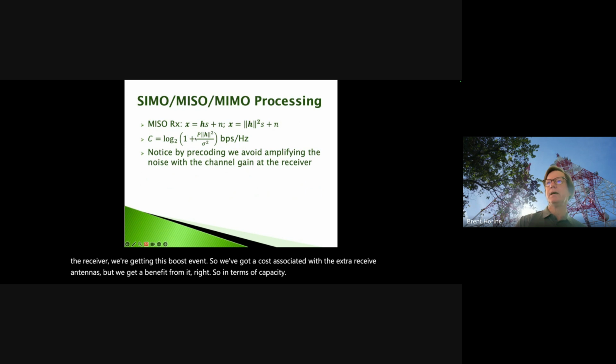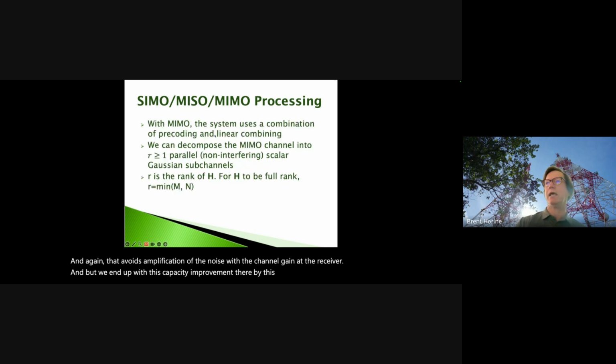And similarly for the MISO case, the same thing happens. Of course, this is when we're doing the pre-coding, and again, that avoids amplification of the noise with the channel gain at the receiver. But we end up with this capacity improvement by this factor of N.